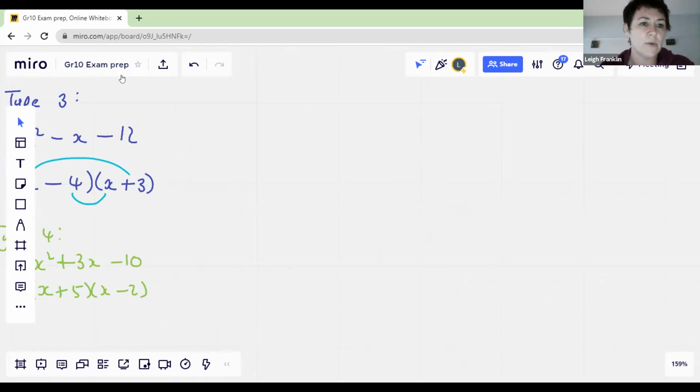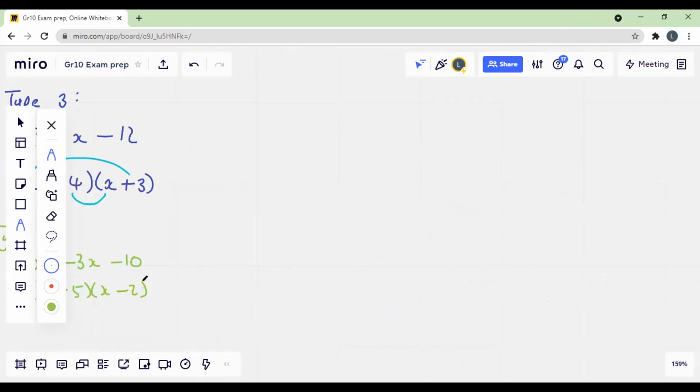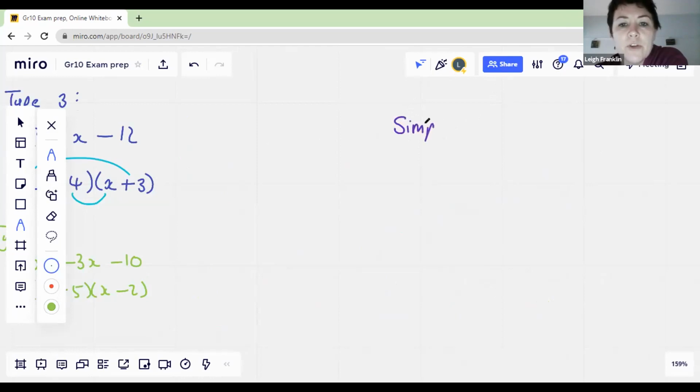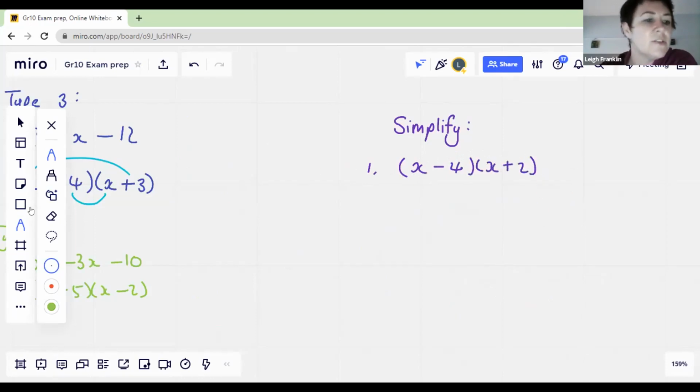So just hang on, I'm just going to grab the pen, all right? When we do FOIL, then the instruction would be simplify. So if they told us to simplify, and the first thing that they gave us was this, then this means FOIL.